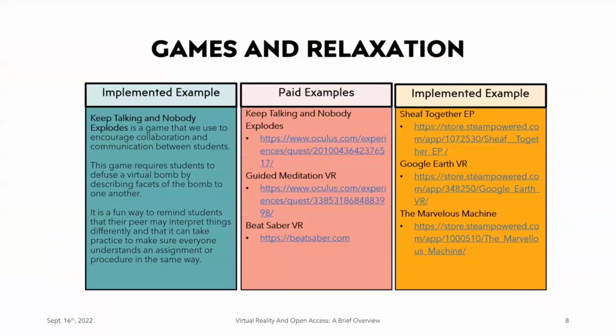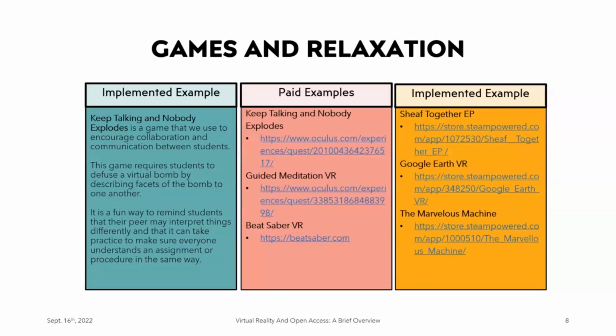The final way that we have explored implementing virtual reality in our library relates to gaming and relaxation. And there's a few different ways one can use gaming within the educational environment. One way that I really enjoyed was using gaming as a way to build collaboration and to increase better communication between students. For example, we purchased a game called Keep Talking and Nobody Explodes.